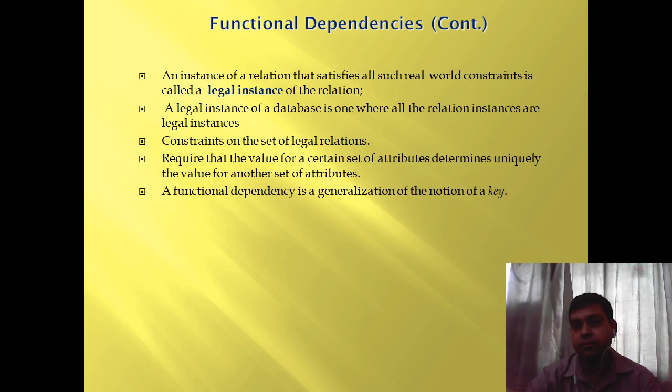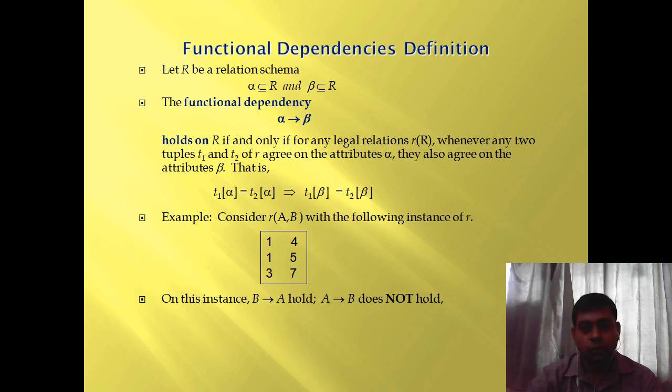And a functional dependency is a generalization of the notion of a key. So to mathematically tell you about this concept, it's very simple: this is the functional dependency. Alpha determines beta. The right side is the determined and the left side is called the determinant. So alpha is the determinant and beta is determined. Okay.